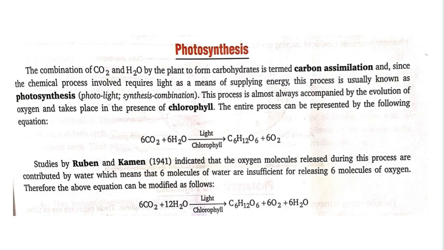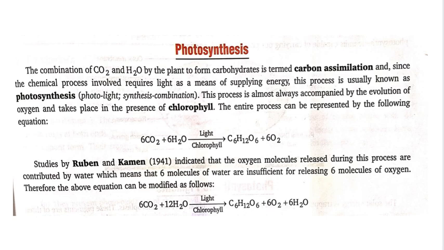Photo means light and synthesis means manufacture or combination. This process is almost always accompanied by the evolution of oxygen, and it takes place in the presence of chlorophyll. So two most important components here for the preparation of food by the plants are chlorophyll and sunlight.